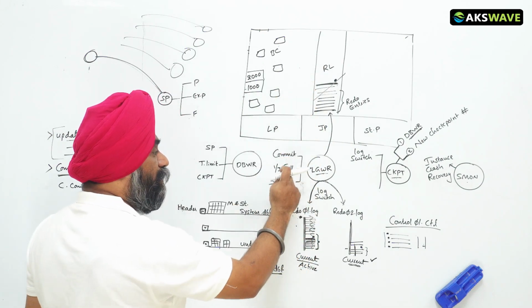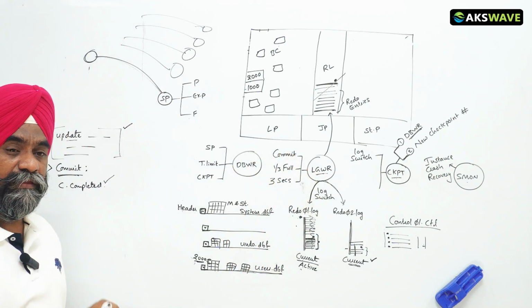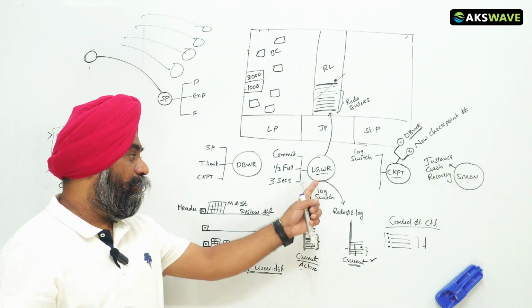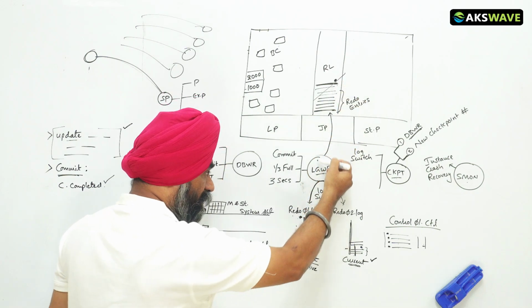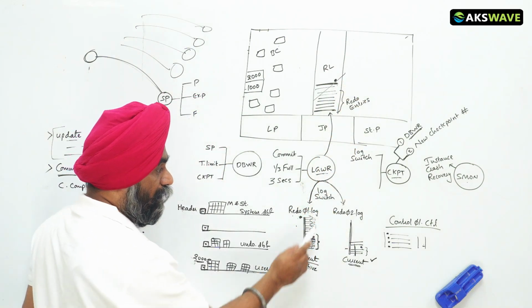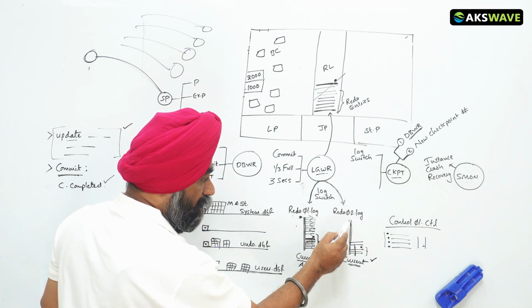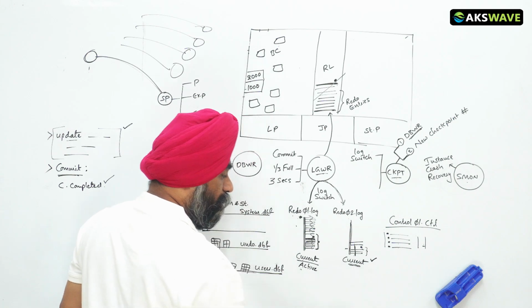So in n number of cases your log writer is invoked: on every commit, 1/3 full of the redo log buffer, or every 3 seconds. When log writer is invoked, it will go to the redo log buffer, take redo entries and write them to one of the redo log files. Whichever redo log file it is writing, the status will be what?